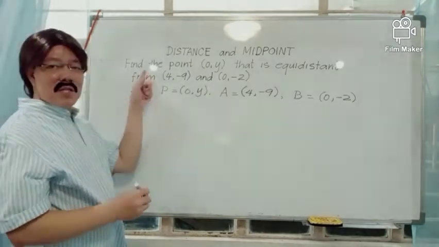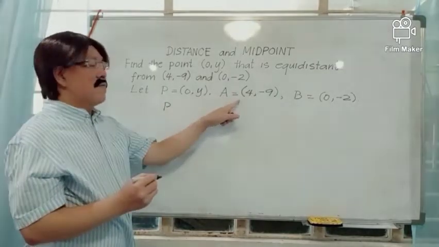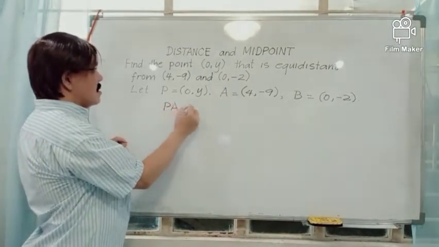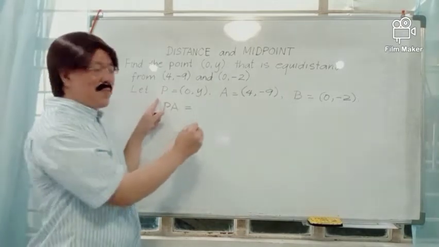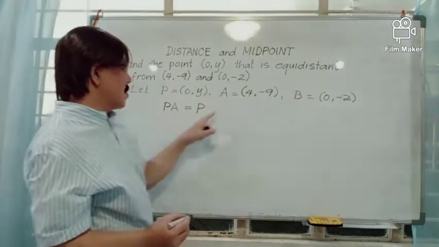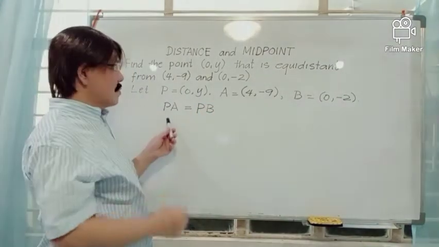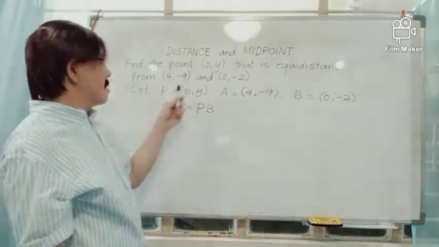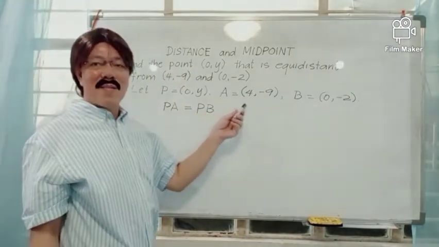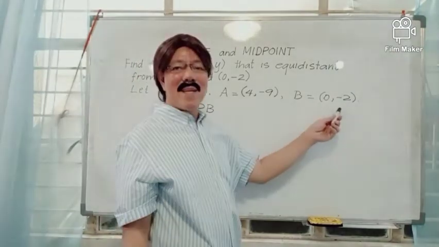By the given condition in the problem, the distance of this point P from point A, denoted by PA, is equal to the distance of this point P from the point B. These two distances are equal because the point P with coordinates (0, y) is equidistant from point A with coordinates (4, -9) and from point B with coordinates (0, -2).